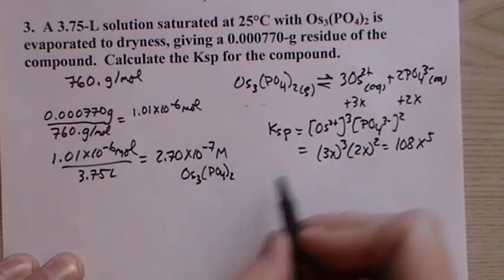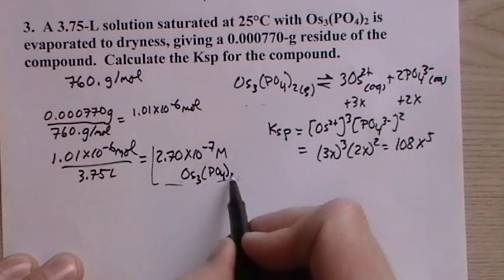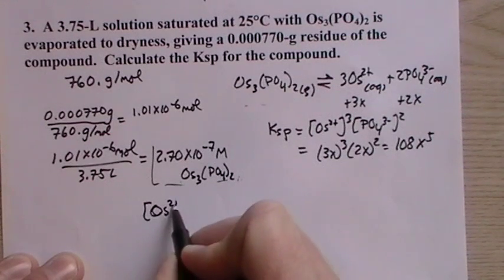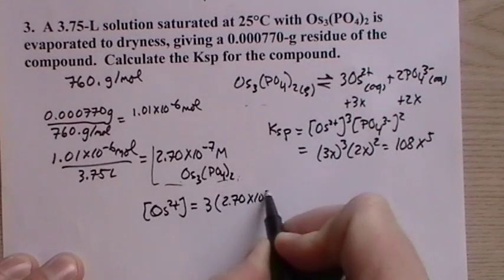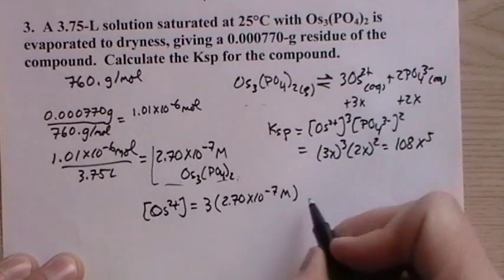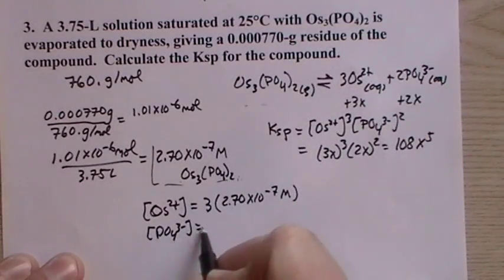So now we know that this is the concentration of the osmium compound, but the concentration of the osmium ion should be 3 times that, because we started out with that concentration of the formula unit, but then it broke up into 3 osmiums, and the concentration of the phosphate should be 2 times that.